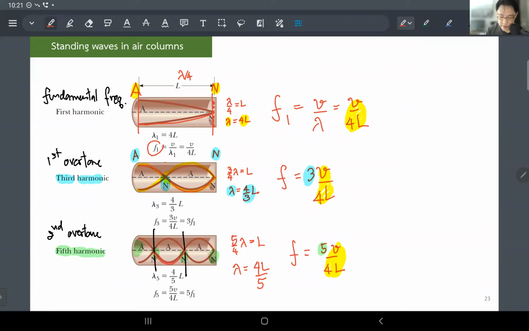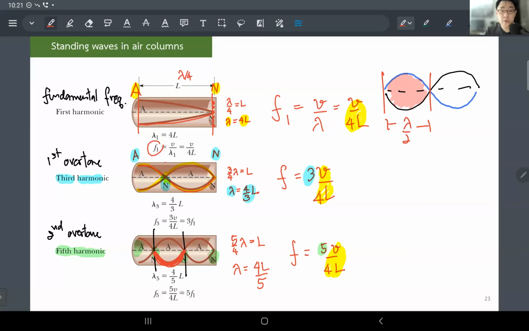I highlight it in thick red over there. A complete one wavelength, if you draw it as a loop, looks like this, right? So one single loop will always equal exactly half the wavelength. This is wavelength over 2.